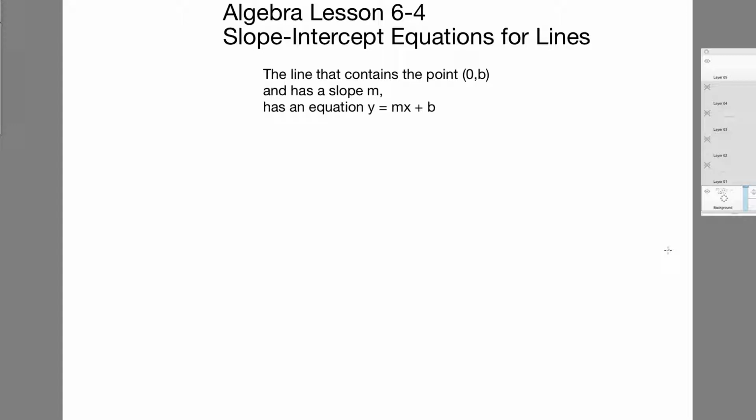So I want you to fool around with some stuff for a minute. Let me change screens here. Got a site I need you to go to on your computer. The link is shown right there, and it's a slope slider simulator. And this goes along with the activity that's in the text that begins on page 348.